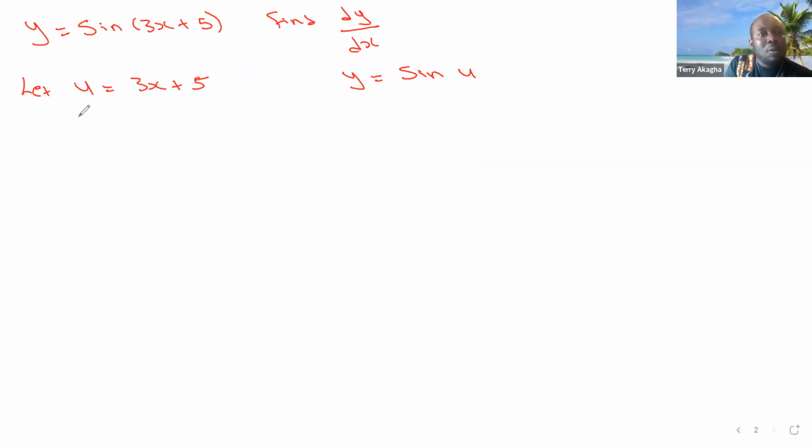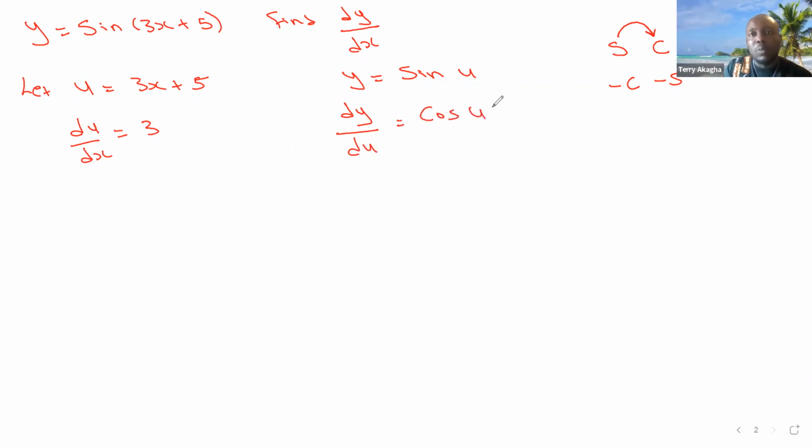Now, let's differentiate this. Differentiating u with respect to x gives du/dx, and that will give you 3. If you go to my previous videos, we talked about the derivatives: remember we said sine, cosine, minus sine, minus cosine. So when you differentiate sine, it's going to give you cosine. If you differentiate y with respect to u, it's going to give you cos u.